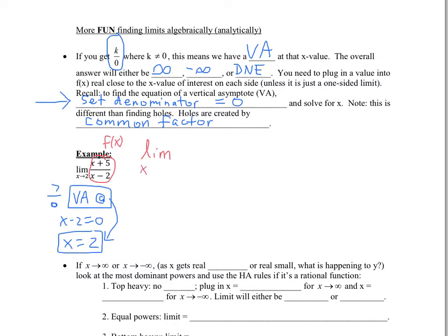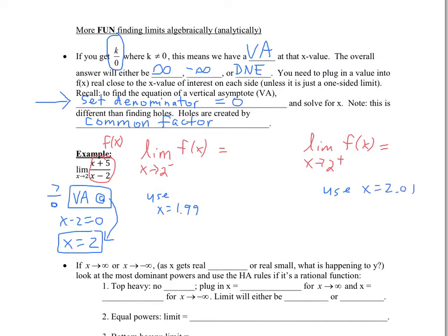We're going to first approach 2 from the left on this function, and we're also going to find the limit of the function as x approaches 2 from the right. So we're going to plug in values very close to 2, one slightly below and one slightly above. Slightly below 2, we want to use something like x equals 1.99, and likewise over here, let's use something like 2.01.